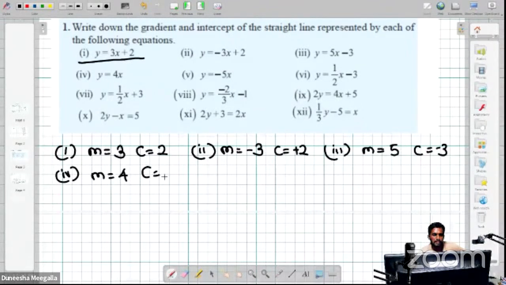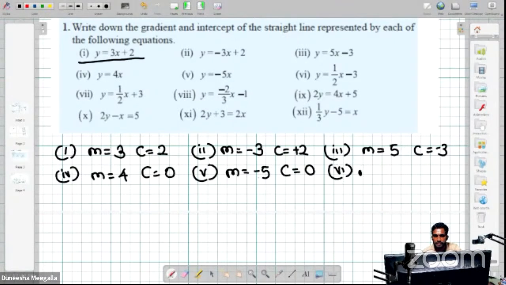What is the intercept? 0. What is the coordinate of the intercept? (0, 0). Yes. The fifth one: gradient is -5, and the intercept is 0.